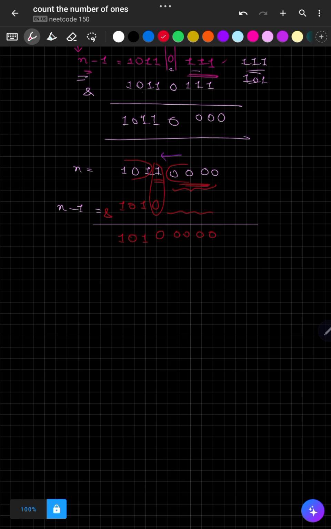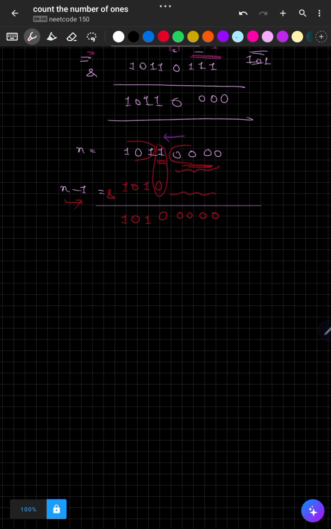The logic lies in the binary representation of n minus 1. In the binary representation of n minus 1, the rightmost one bit is taken, and the digits on the left side of this rightmost bit will remain intact because we want the value to be decremented just by 1. That is, the value has to become n minus 1. So therefore these digits will remain intact.